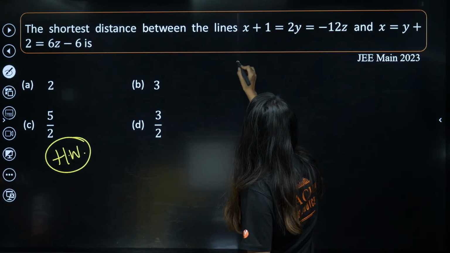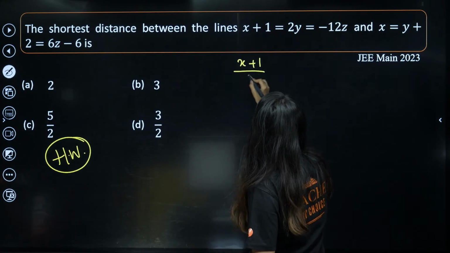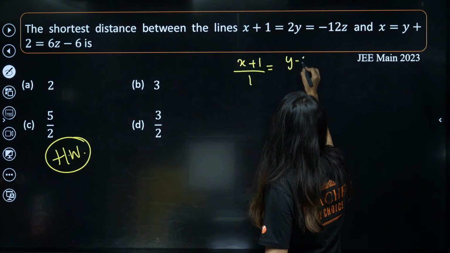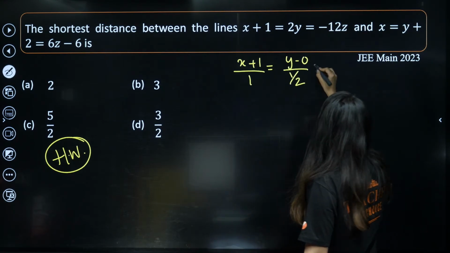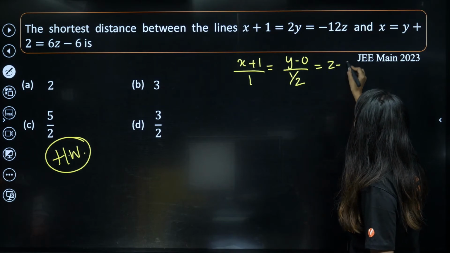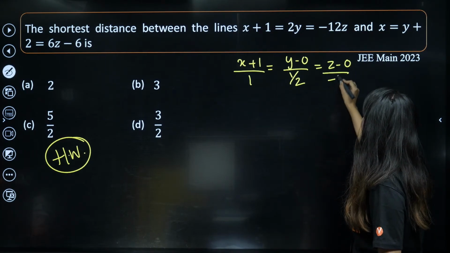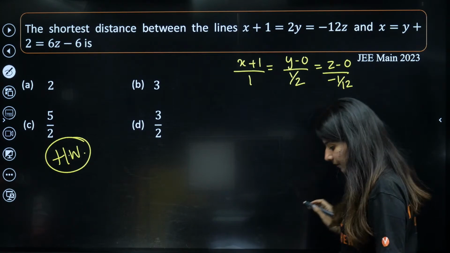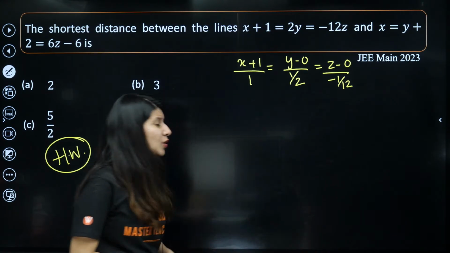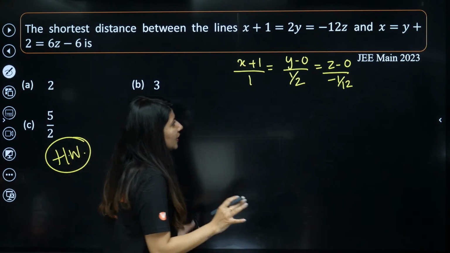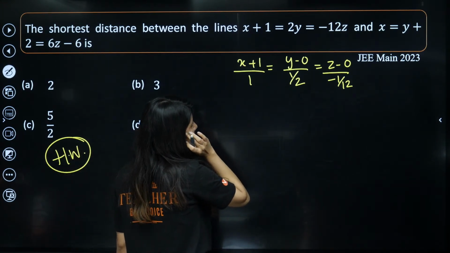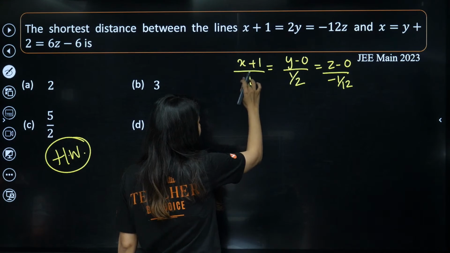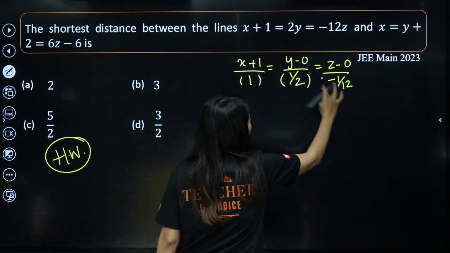So how do you do that? x plus 1 upon 1 is equal to y minus 0 upon half is equal to z minus 0 upon minus 1 by 12. This is line number 1. If you want to simplify this line, you can multiply the direction ratios by 12.